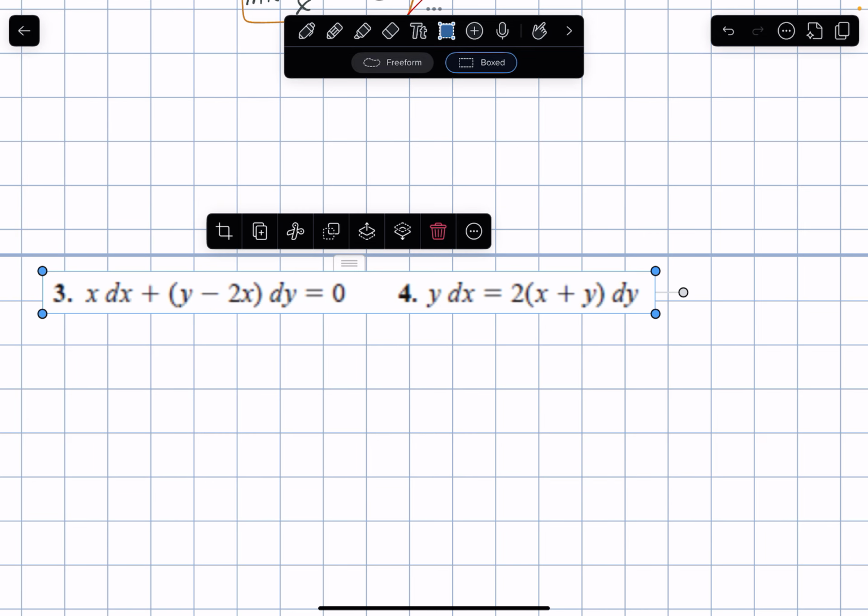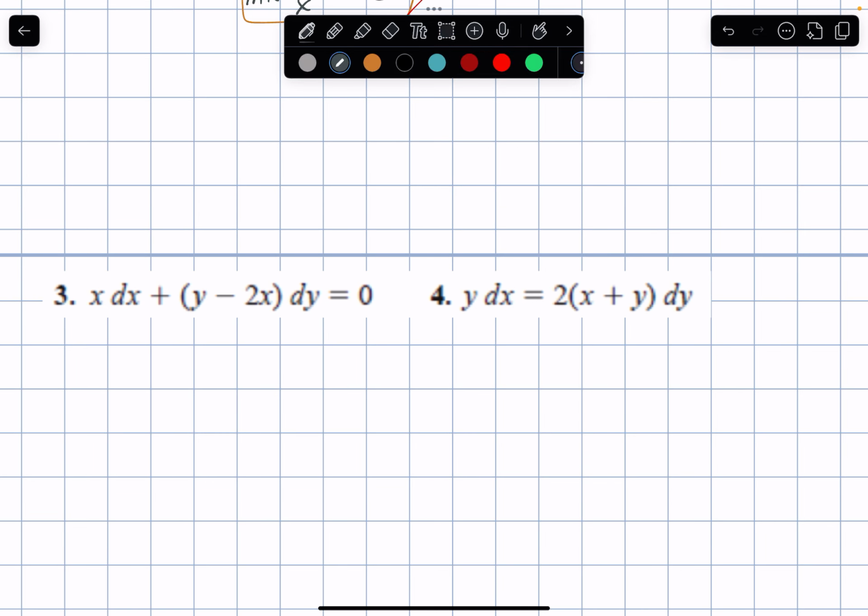Let's answer number 3. So x dx. So this is not variable separable for sure. At least not for now. You know what? Let's not test on each practice question anymore.